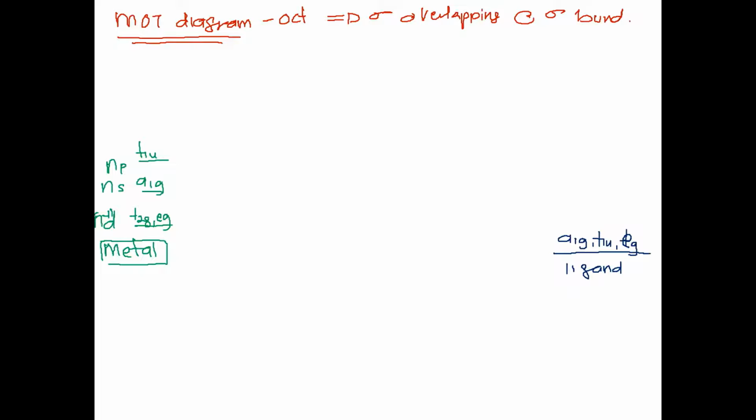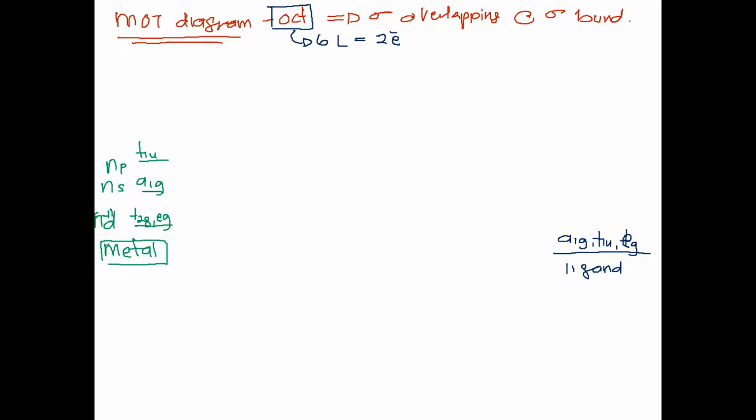Okay, so your ligands, as it is an octahedral complex, your ligand must have 6 compounds, or we will have 6 ligands. So each of the ligands will correspond to 2 electrons.